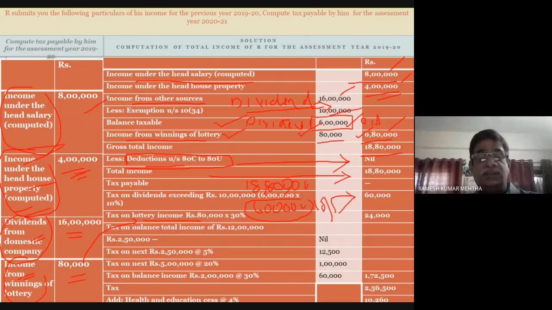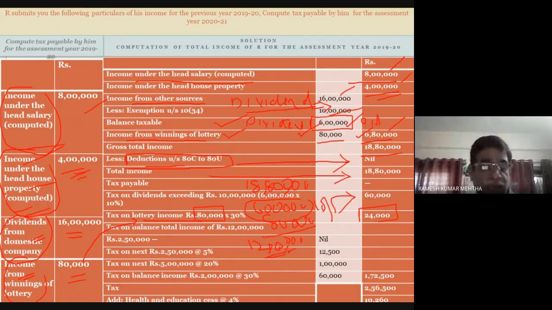However, if he's not deducting tax at source, then on this income he has to pay 30% tax, which is 24,000. 80,000 into 30%. So far we have seen, out of 18 lakh 80,000, 6 lakhs plus 80,000. So the remaining income is 12 lakhs. Hope you have understood up to this point.